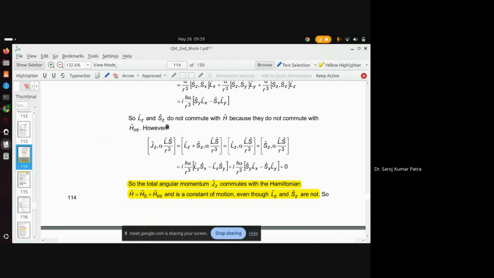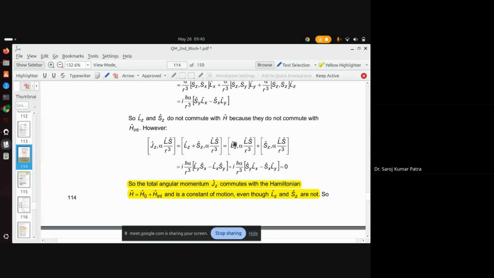However, this is important: take the commutator of Jz with the interaction energy, Jz with alpha L dot S by r cubed. What is Jz? Jz is nothing but Lz plus Sz. So that means the commutator of Lz with the interaction plus the commutator of Sz with the interaction.